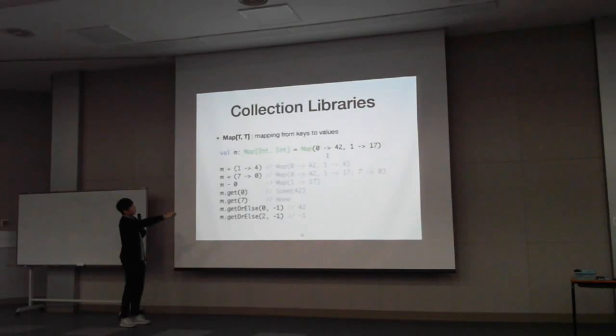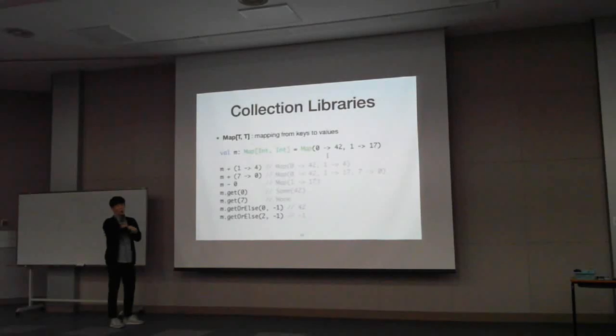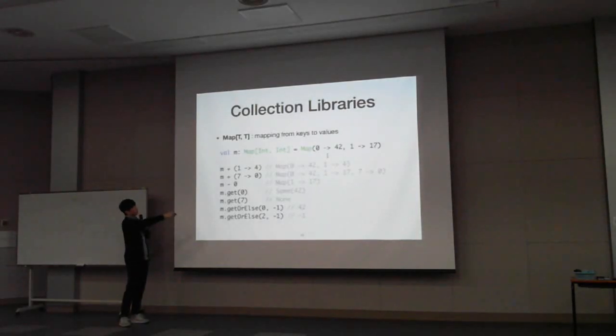And 7 is not defined in m, so it creates another point, 7 to 0, in here. And you can remove some key like that, and m minus 0 is the removed version of m with 0 removed, but again m will not be changed.